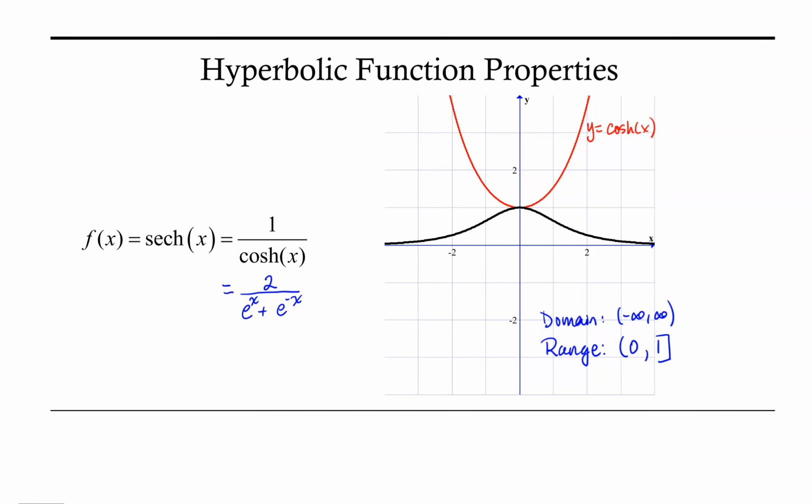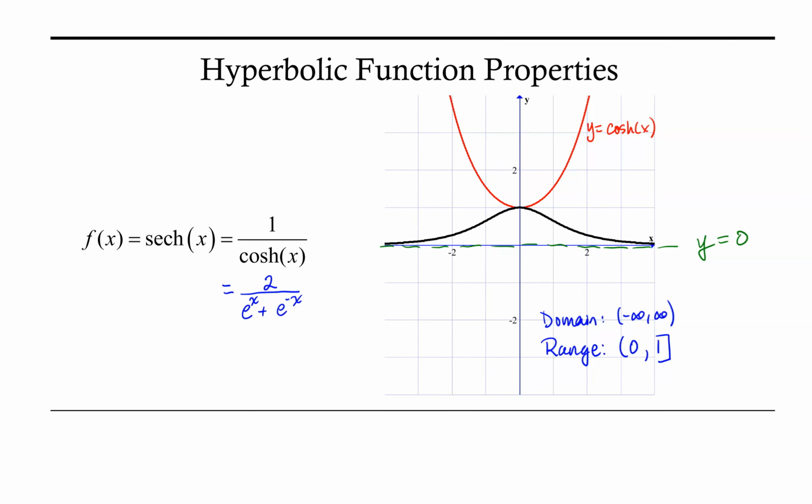So a couple things to notice. We do have a horizontal asymptote as x heads to either positive infinity or negative infinity. Our asymptote is y equals 0. And we can see this reciprocal relationship between the cosh function and the sech function.